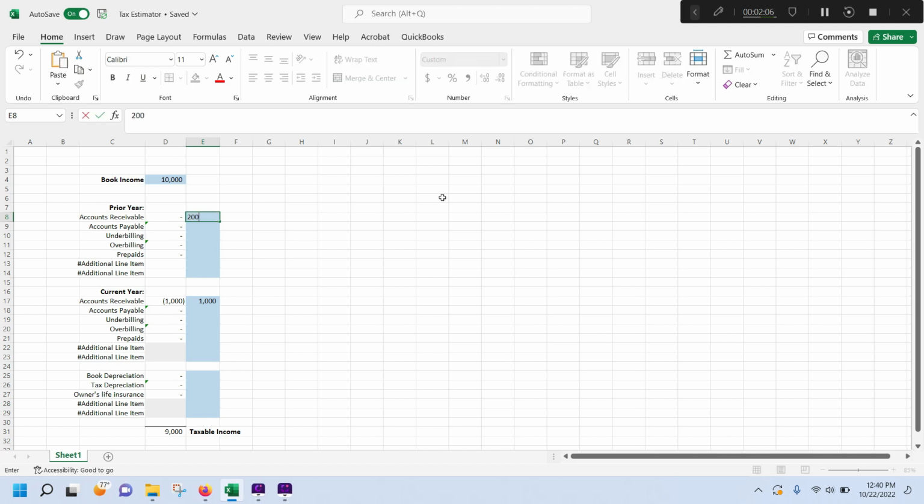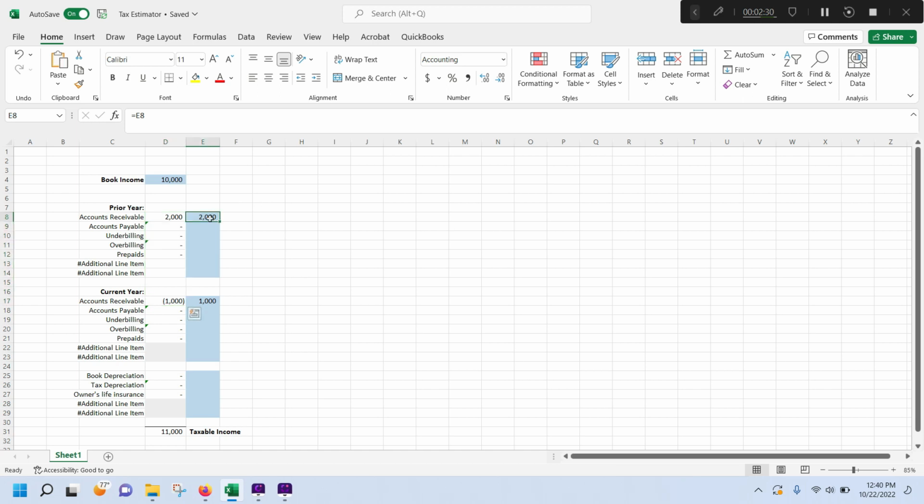So let's assume it's $2,000. You see here that this is a positive number. The net effect that's going on here is $1,000. If I'm highlighting, you see the sum right here, $1,000. We are adding $1,000 to your book income.